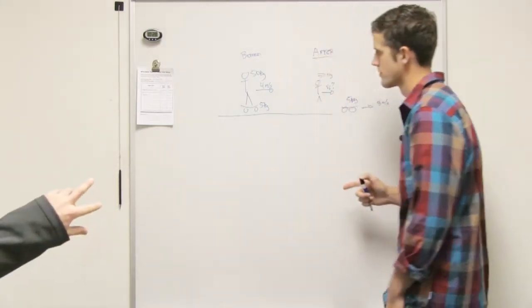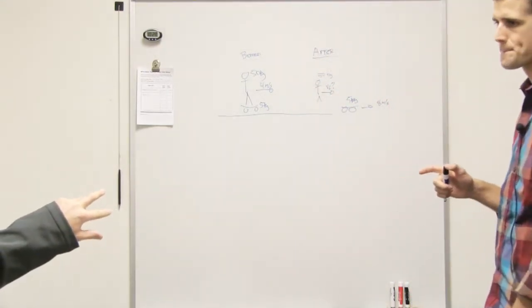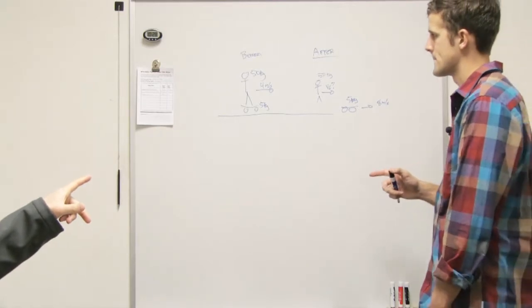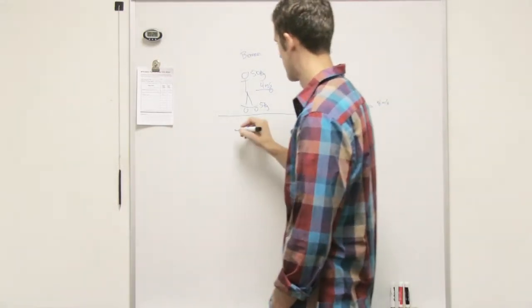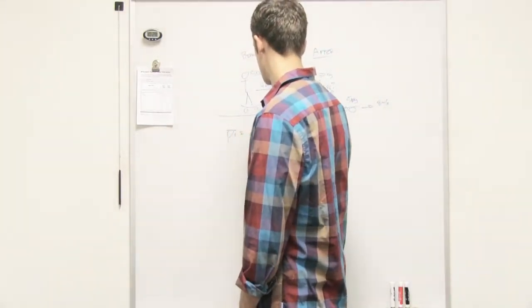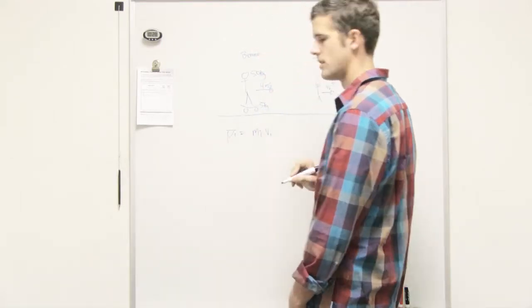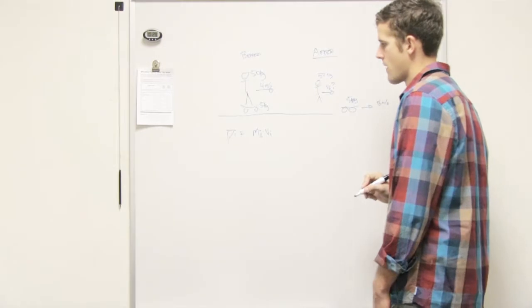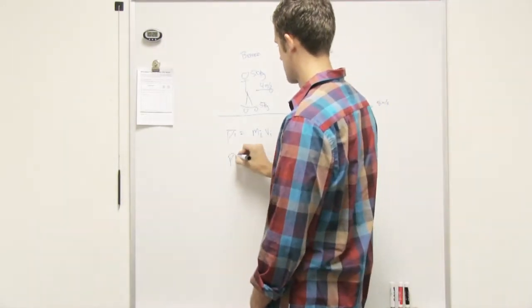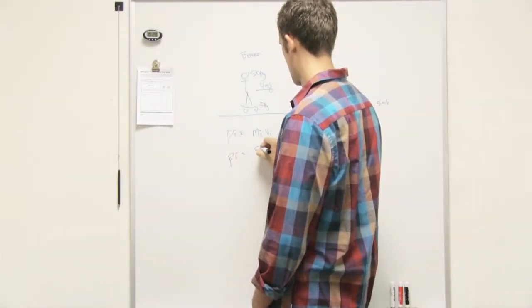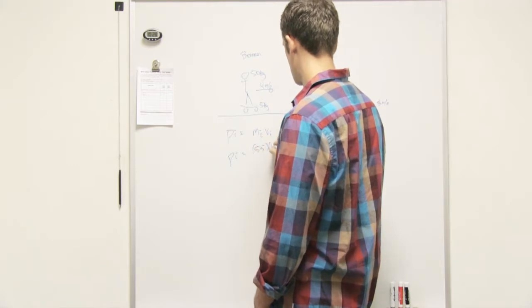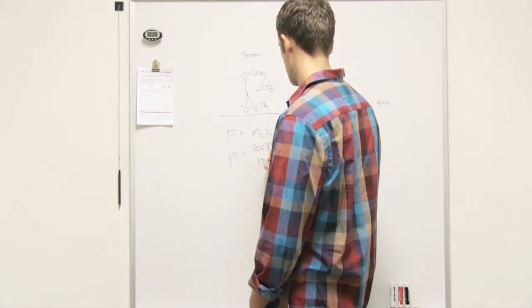What do you times 4 and 5 and then add 50? Well, the initial is the total mass times the velocity. Oh, okay. So what's the total mass? 55. Yeah. So that's 120.